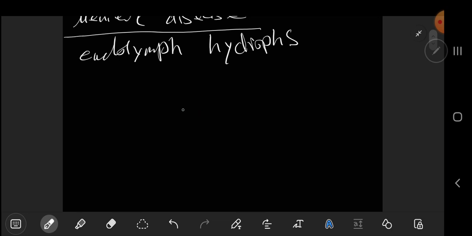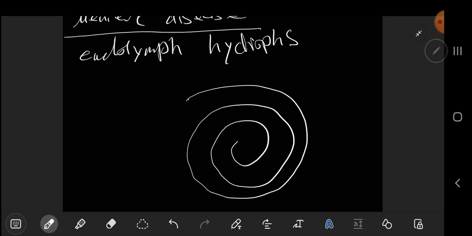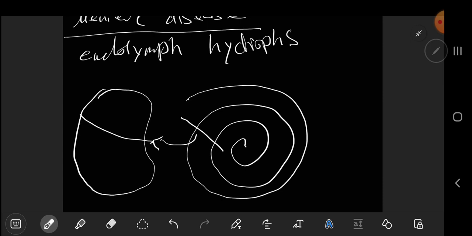The endolymph is in the cochlea and in the labyrinth in the vestibular area. If you look closely at the cochlea, let's take a cross section, you will see some parts, but in the middle part there is the scala media.